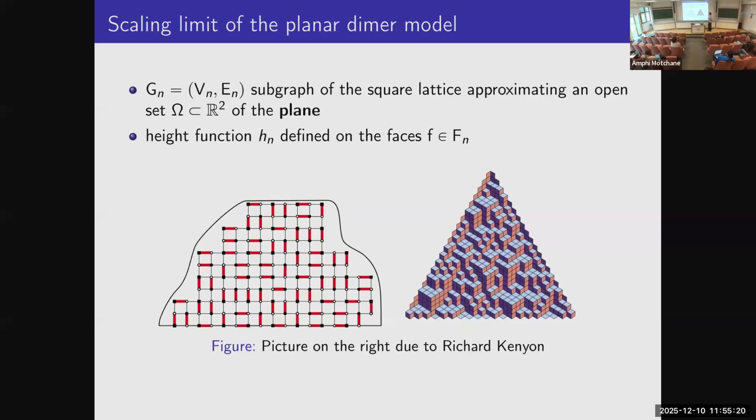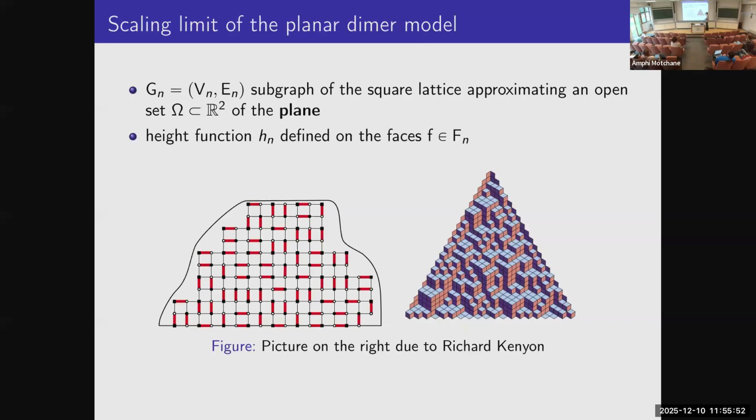And the question is: is there a limit for a random dimer configuration? Does it converge towards something? On the left, I have pictured the random dimer configuration. Even if the graph is big, you don't see much. What would this converge to? I don't know. But if you picture the height function, this is the height function on the hexagonal lattice because it's easier to see, but the same would happen on the square lattice.